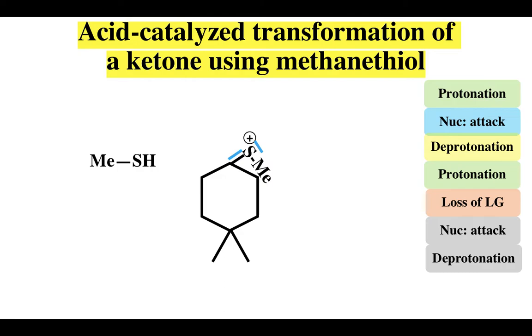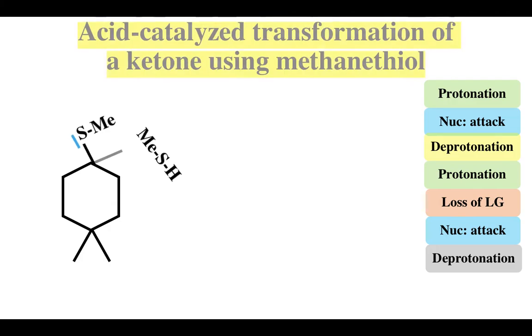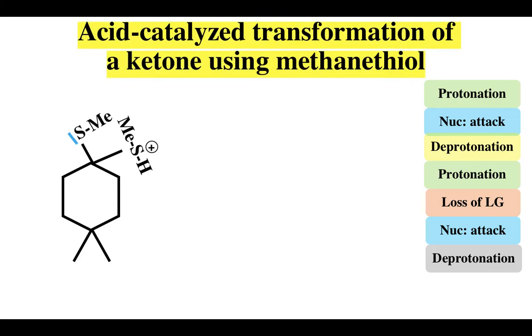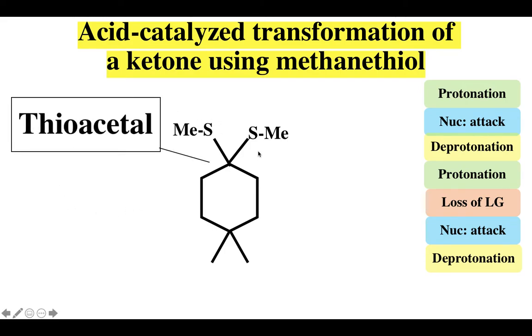In order to cause this thioether group to become inactivated, we have to nucleophilically attack it once more with another methane thiol group. And that's exactly what will happen. That'll push the formal charge onto the sulfur atom of that methane thiol group, and that can easily be deprotonated by another methane thiol in solution. So in the end, students, I hope you all can see that we get 2 dimethyl sulfides. We get 2 thioether groups, or methyl thiol groups. And that is what we call our thioacetal.